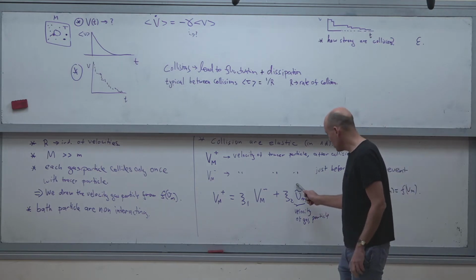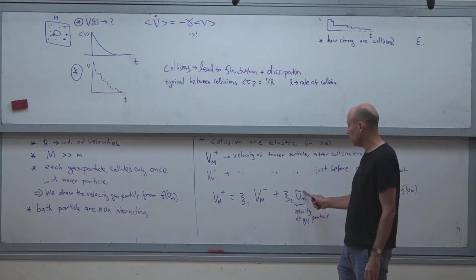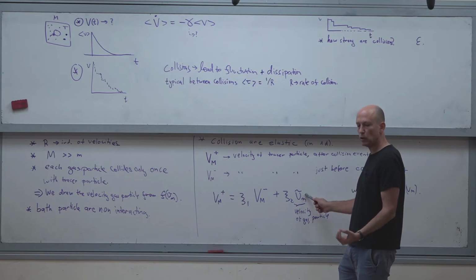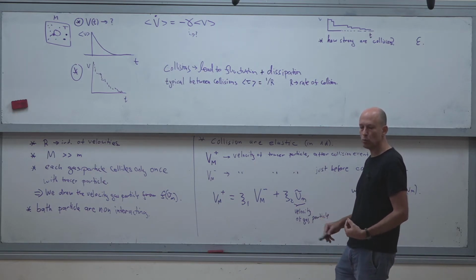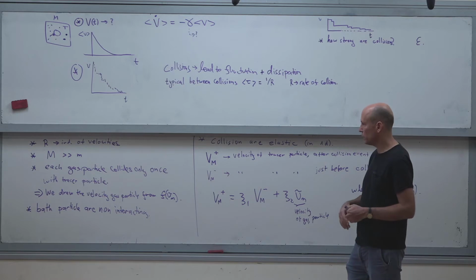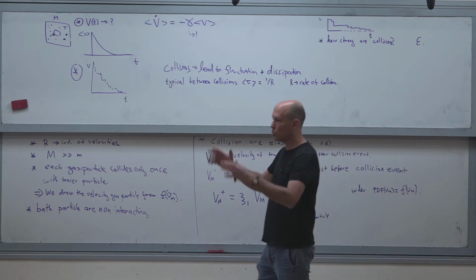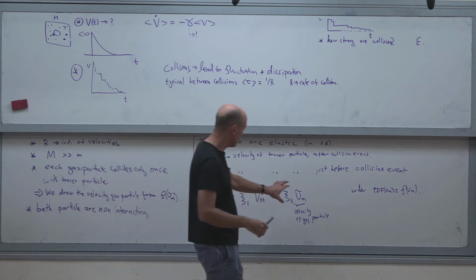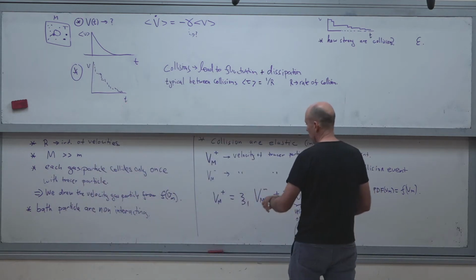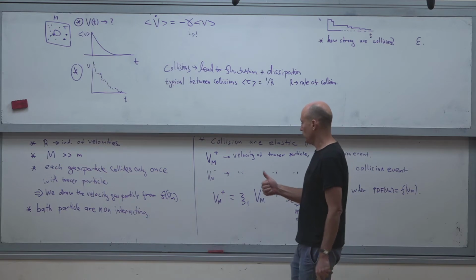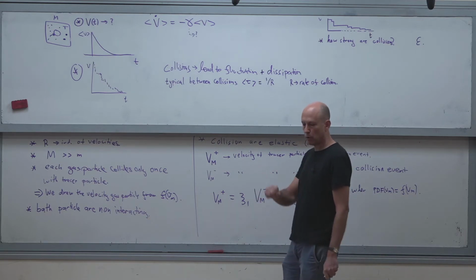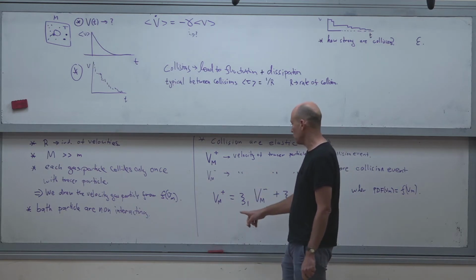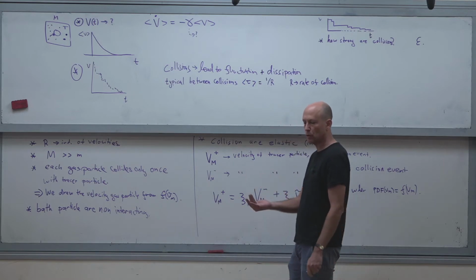And you have the velocities of the particles before collision, two of them. This Vm tilde actually is the velocity of the gas particle just before the collision, because we don't care what happens after the collision, because after the collision it goes to the bath, it goes away, we don't recollide. So this is the velocity before the collision. And then you have the velocity of the gas particle before and after the collision, the velocity of the massive particle before and after the collision.